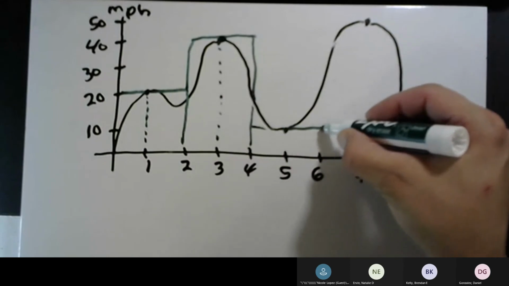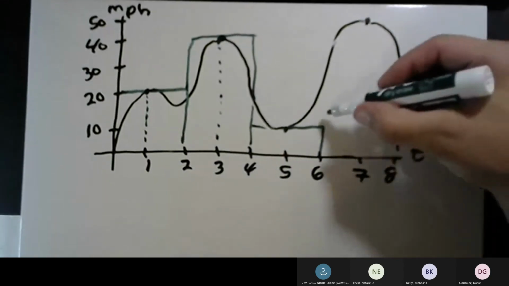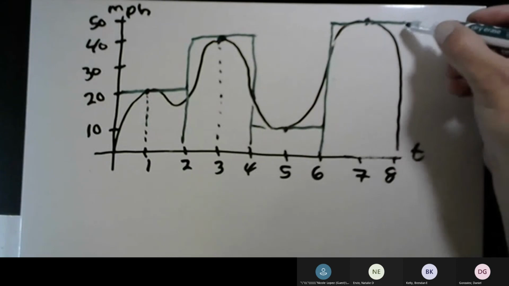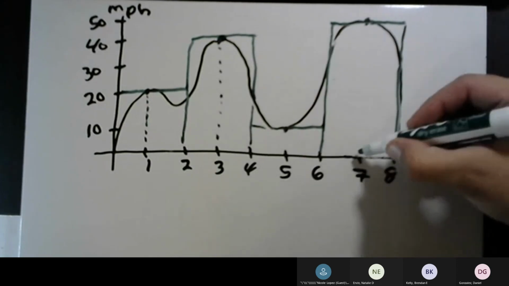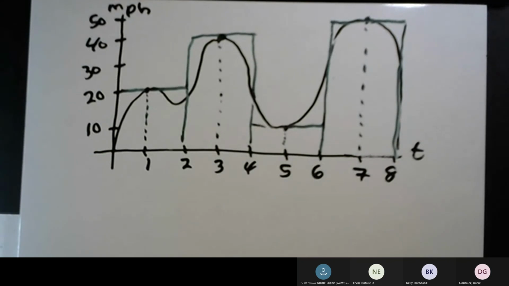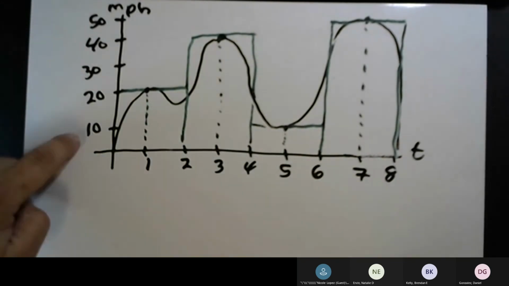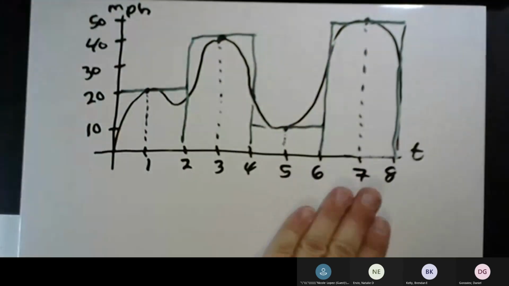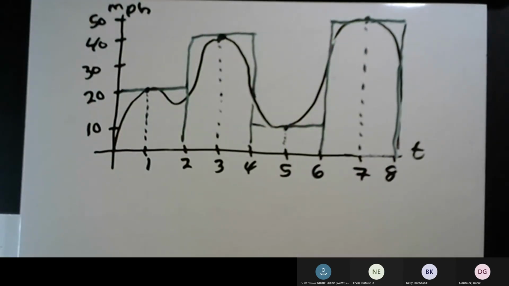Third rectangle, we'll do that. And then for the fourth rectangle, we'll use this. So we're going to approximate. Again, this is velocity and time. So velocity times time gives us distance.